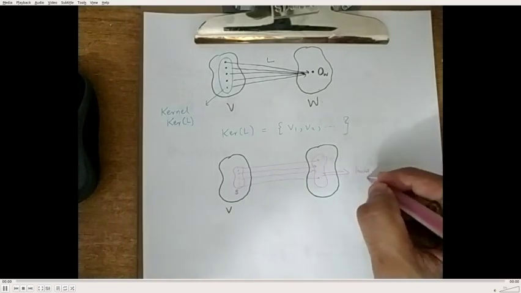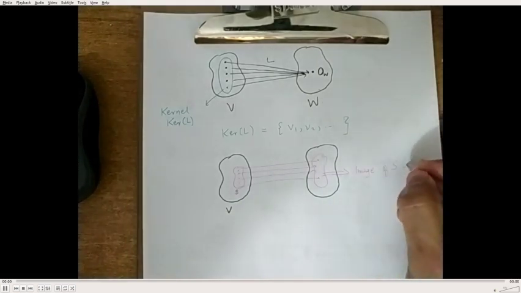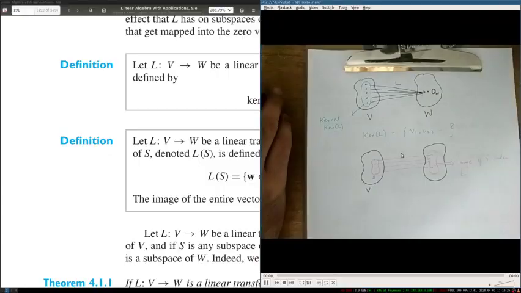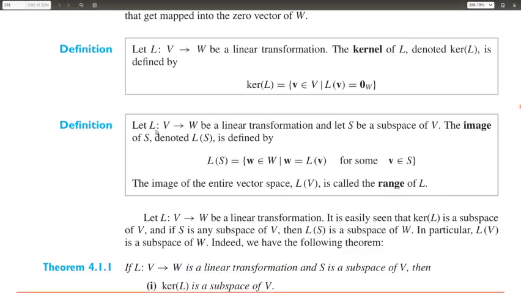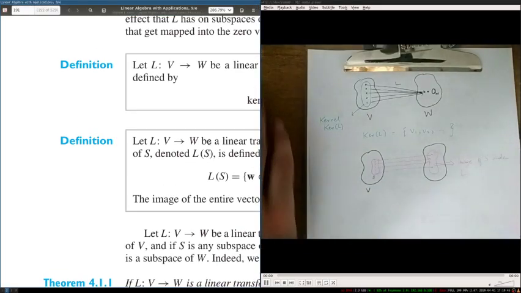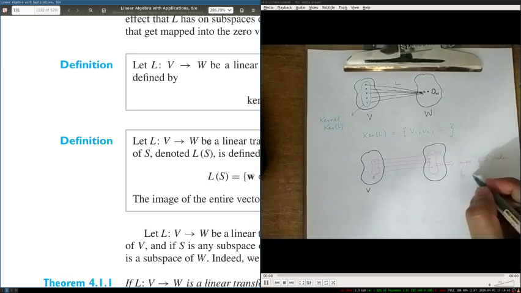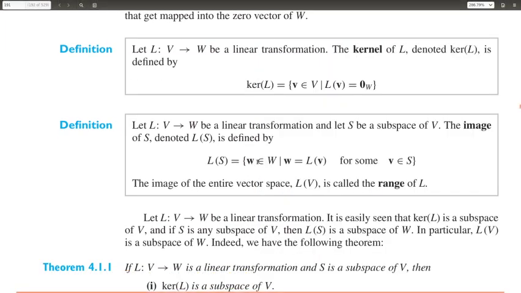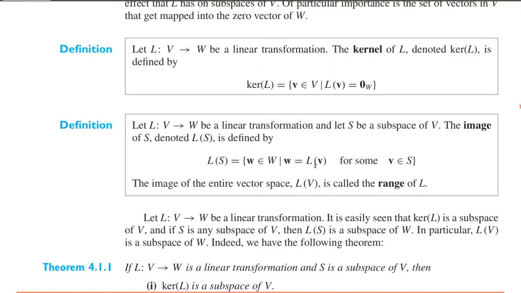We call this collection the image of S under L. So let L be the linear transformation and S be a subspace. The image of S, denoted L(S), is the collection of all of the vectors that were the image of the subspace.